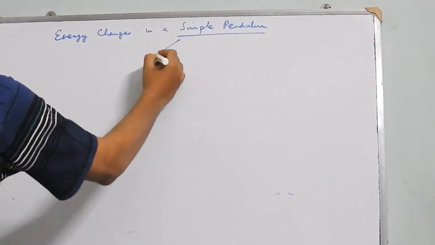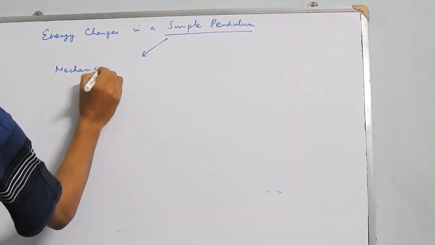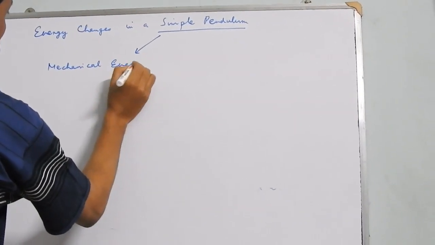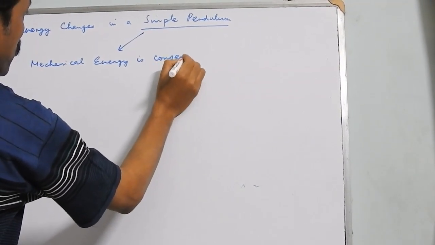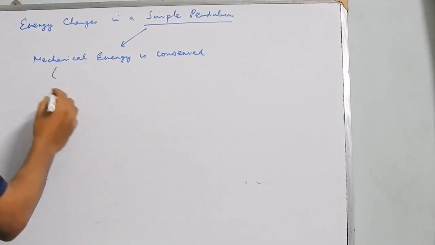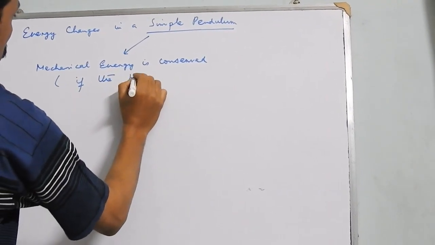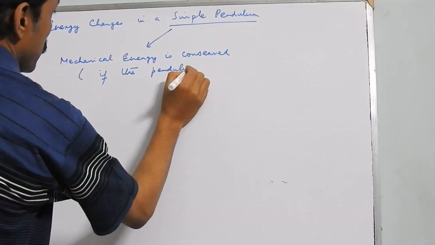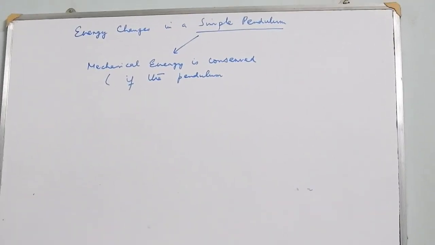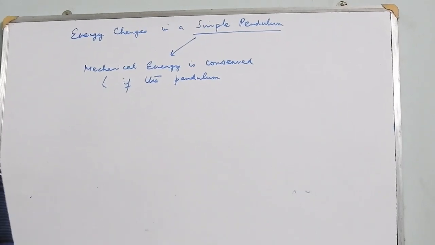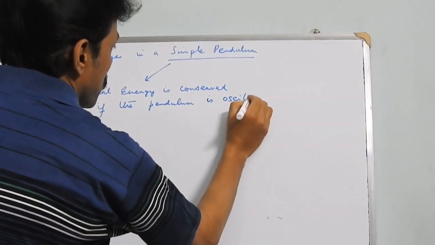So in a simple pendulum, mechanical energy is conserved provided the pendulum oscillates in vacuum or in the absence of any medium. This is a vital assumption whenever we consider conservation of mechanical energy.